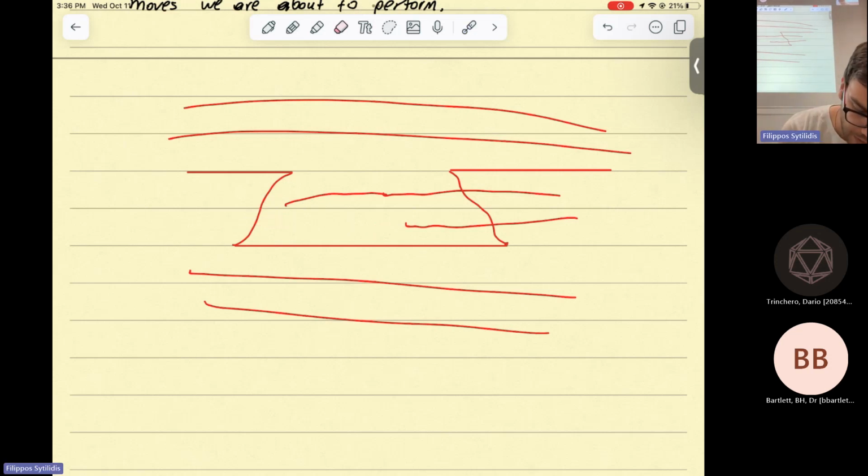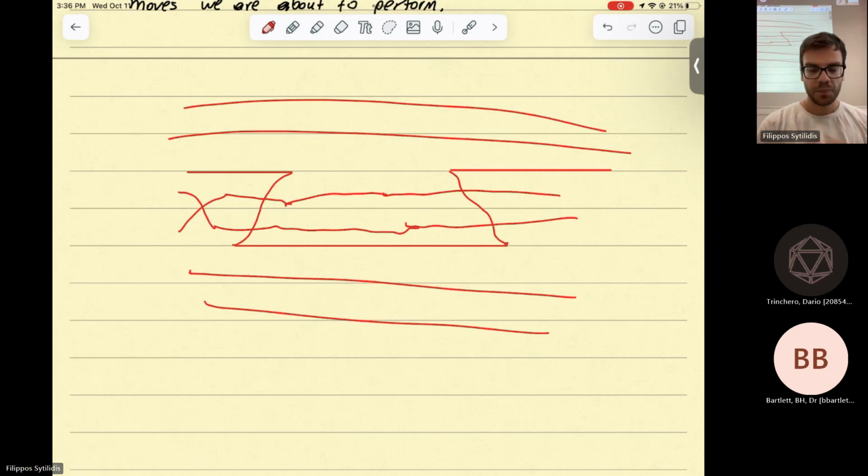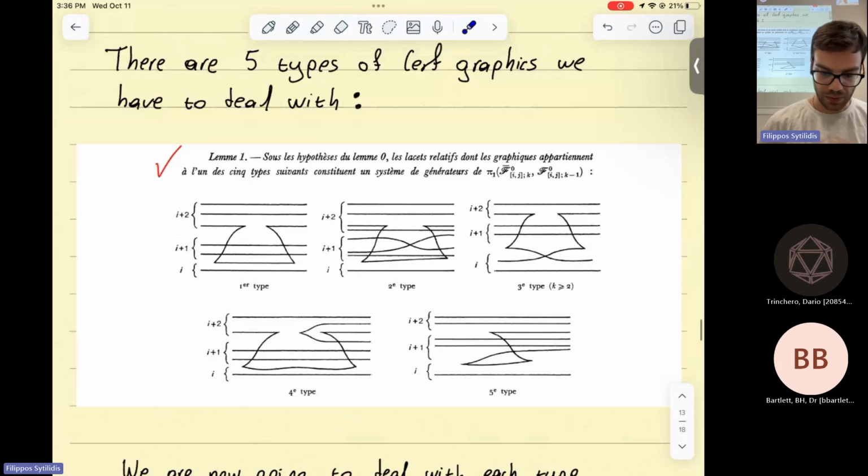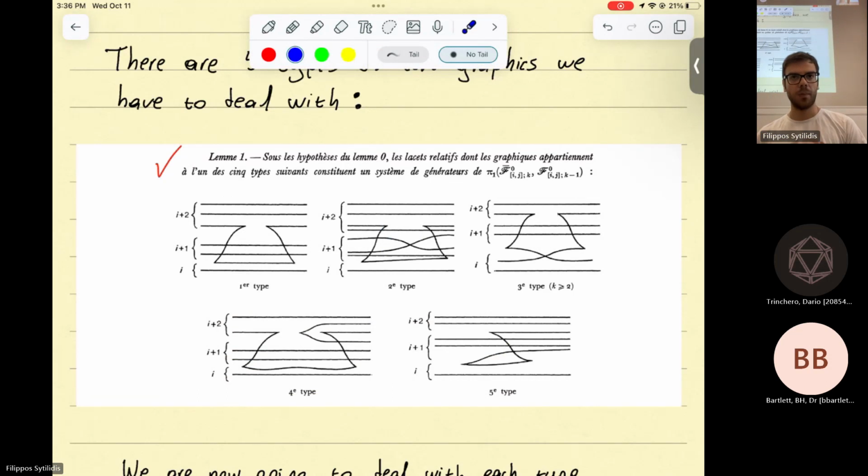So then I will have something like that. And that's the same thing as a type 1 thing that we've seen. So that's how we go from a type 2 to a type 1.